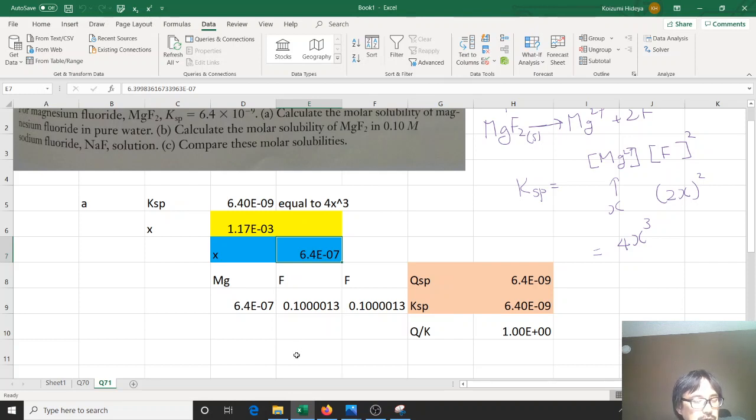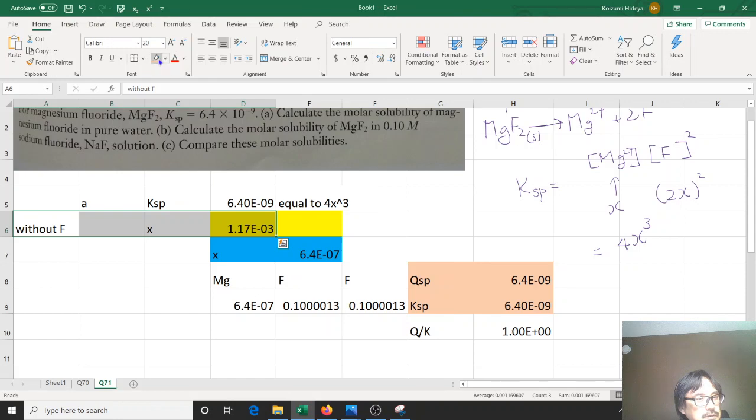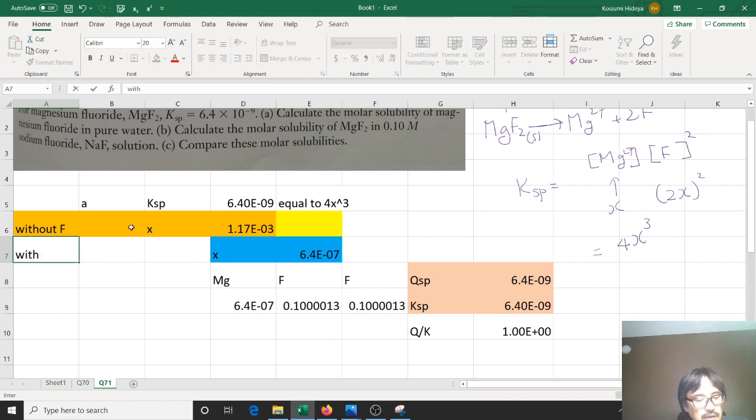And before, it was this one, right? This is without F here. And this one right here is with extra F in solution.